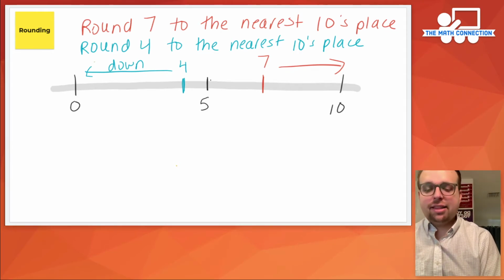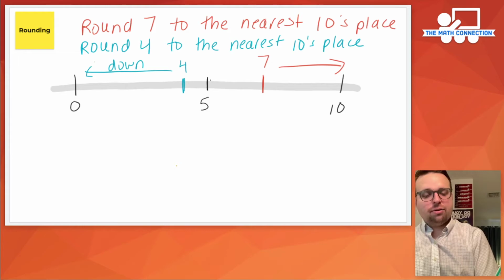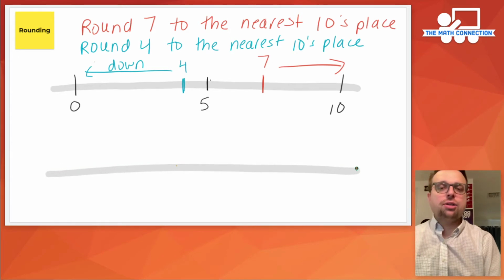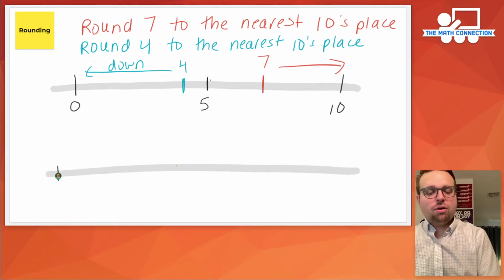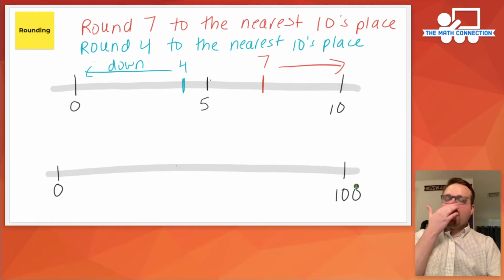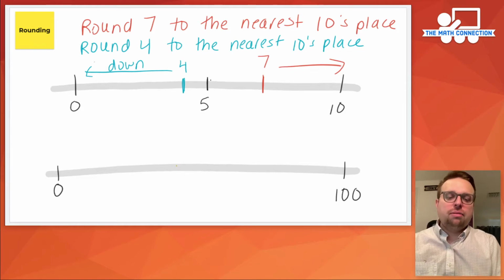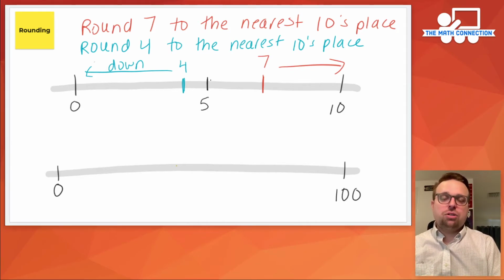Now let's take this example one step further, and I'm going to draw another number line here. On this number line, it's going to be a hundreds number line. So we're going to start at 0, and then at the end of the number line, we're going to have 100. Why am I using 0 and 100? Well, my next question is going to be round a number to the nearest hundreds place.